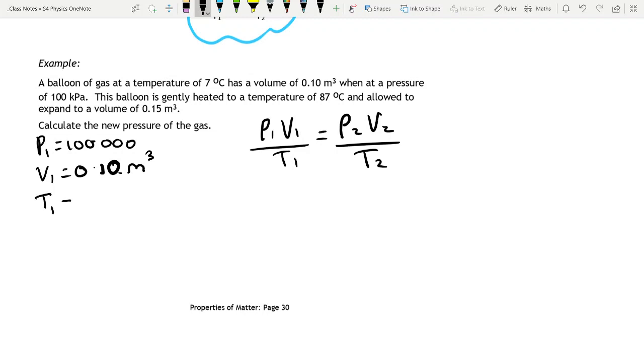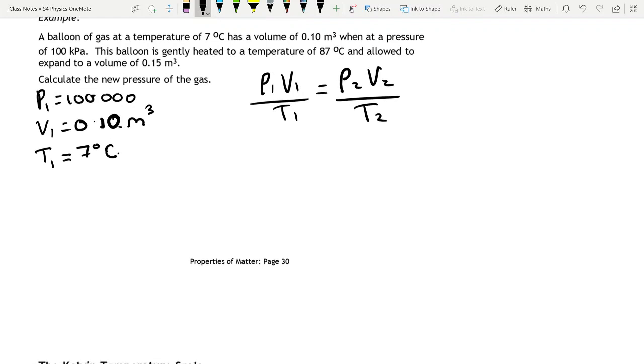Initial temperature is 7 degrees C. So we need to change that into Kelvin. So it's add 273. So 273 plus 7 is 280 K.